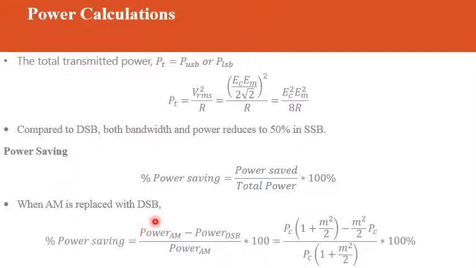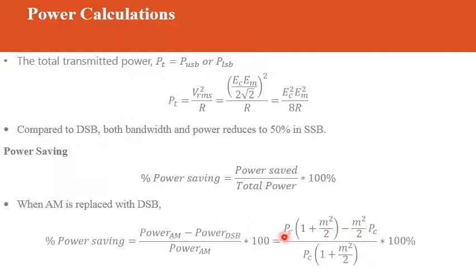The total transmitted power for conventional AM, already derived in lecture 2, is Pt equal to Pc into 1 plus m square by 2, and for the double sideband it is m square into Pc by 2.